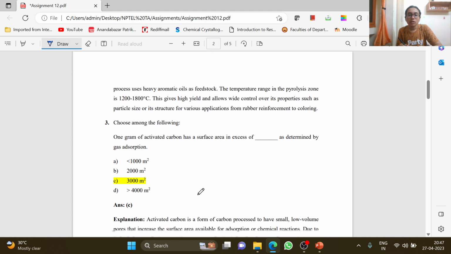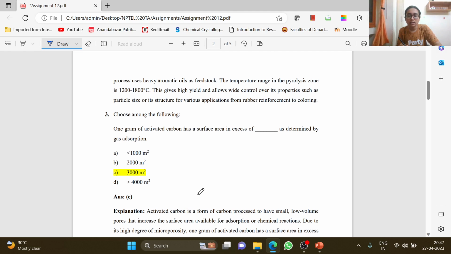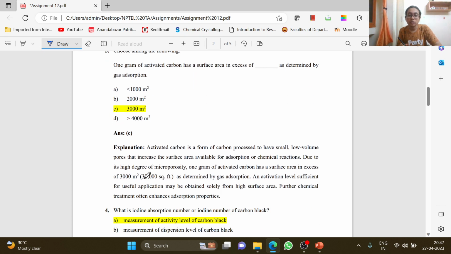Choose among the following. 1 gram of activated carbon has a surface area in excess of dash as determined by gas adsorption. Activated carbon will have a surface area in excess of 3000 meters squared. Activated carbon is a form of carbon processed to have small, low volume pores, so that there is an increment in the surface area available for adsorption or chemical reactions.